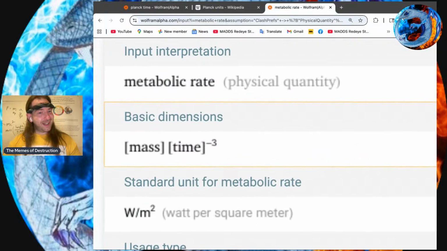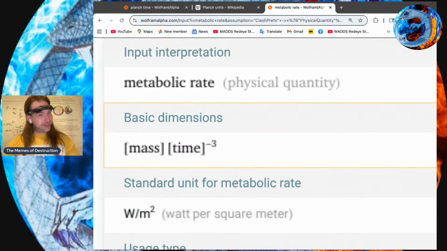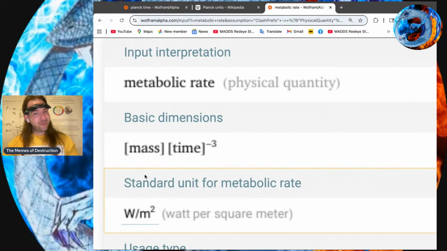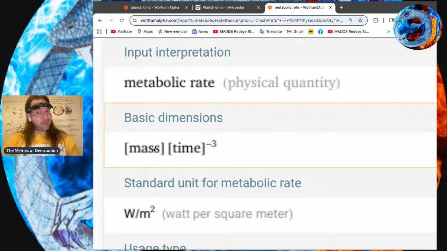Because when you look at the dimensional building blocks, metabolic rate as a physical quantity, you could say watts divided by meters squared, which the Planck intensity is expressed in. Ultimately, you boil it down, it's a mass divided by time cubed. The negative sign means it's just in the denominator.